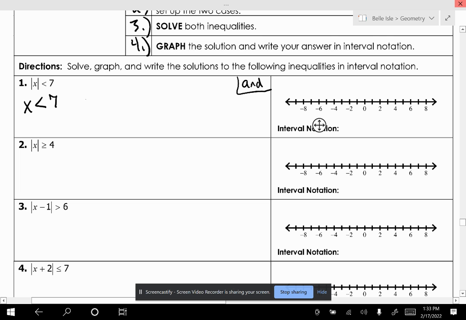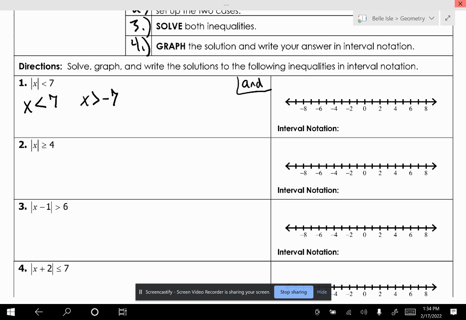We also would have x is greater than -7. Okay? Do we remember how to write our inequality on the and problems? That is interval notation, but I'm talking about specifically the inequality notation.